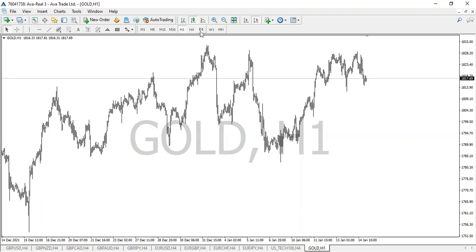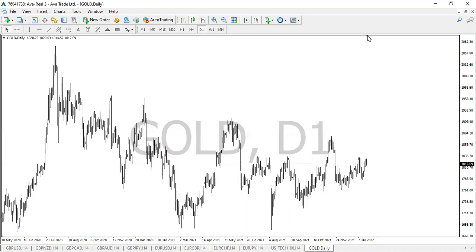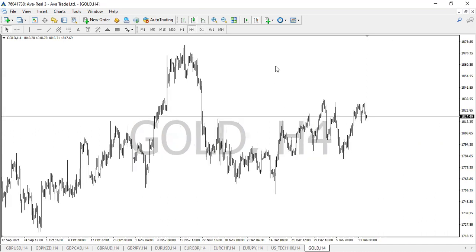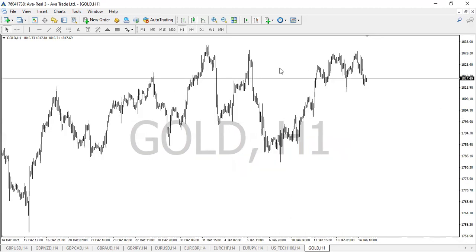So I will not be studying the daily time frame, because if you analyze with a daily time frame, your support and resistance or your analysis are for someone who's supposed to wait for that pair to reach a particular position after a week or so. So when I'm trading gold, the biggest time frame that I use is H1. I start analyzing gold from H1.